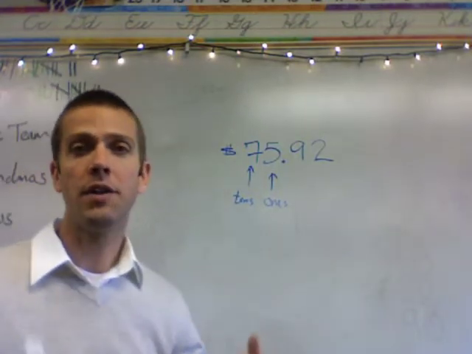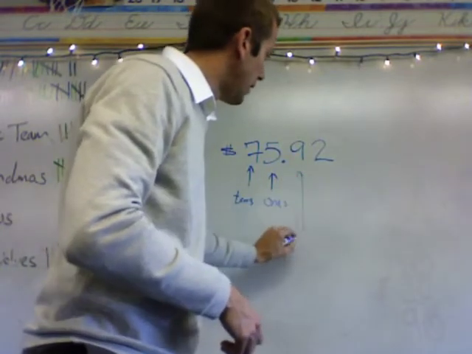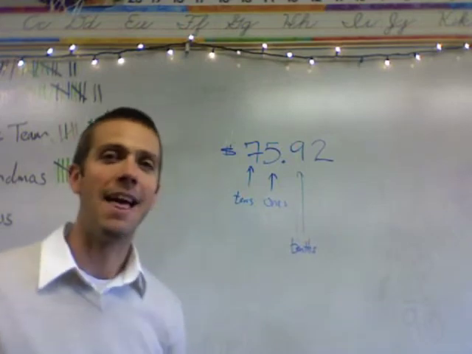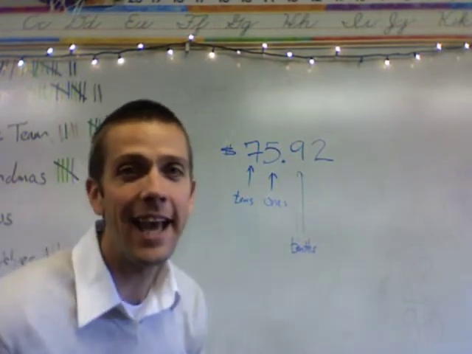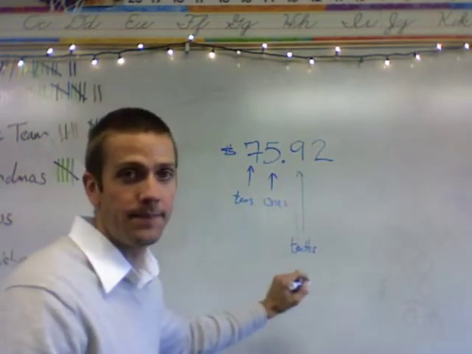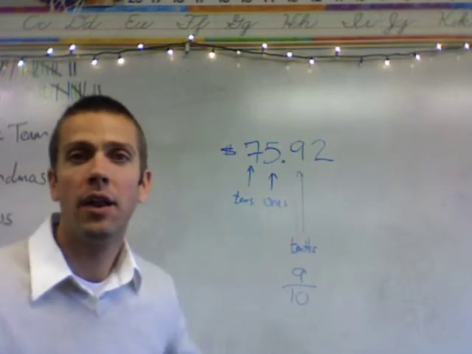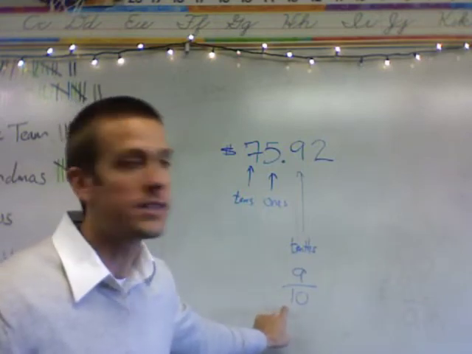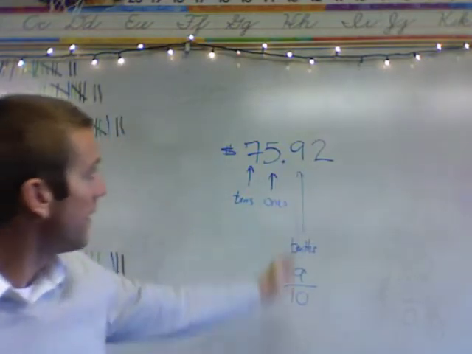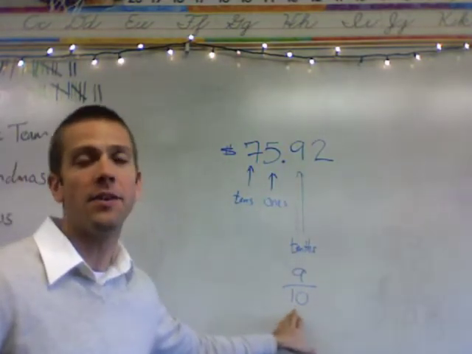The way I want you to think of remembering that, the 9 here represents the tenths. It's got a "ths" at the end, tenths, because that 9 would be like 9 dimes, 9 tenths. So that place that counts by tens is the tenths.